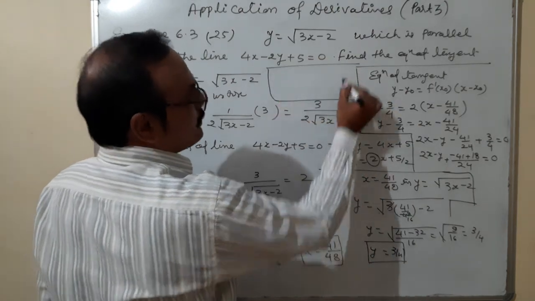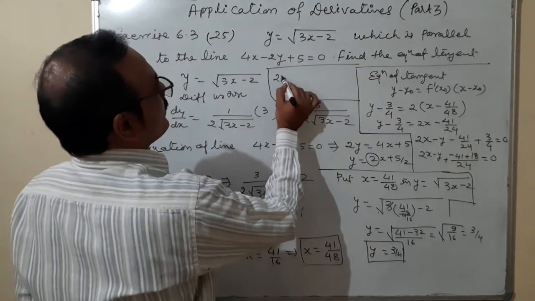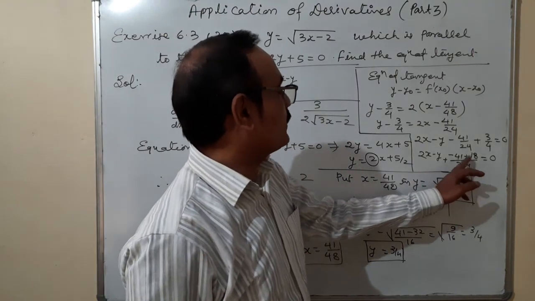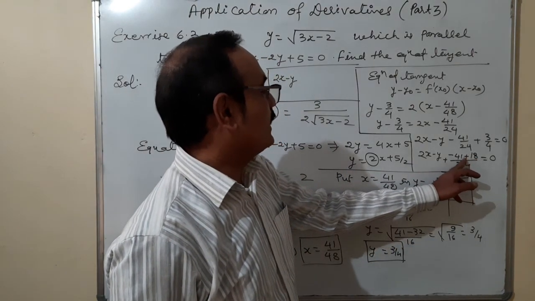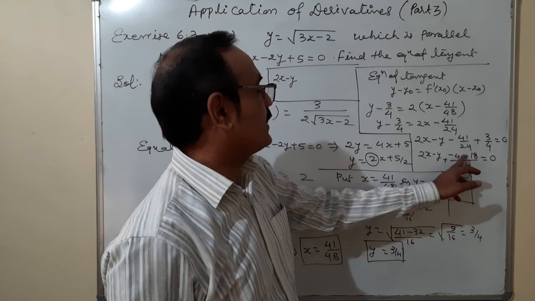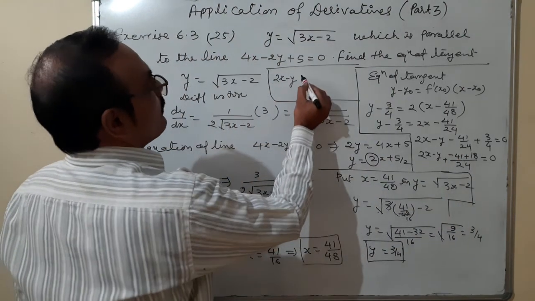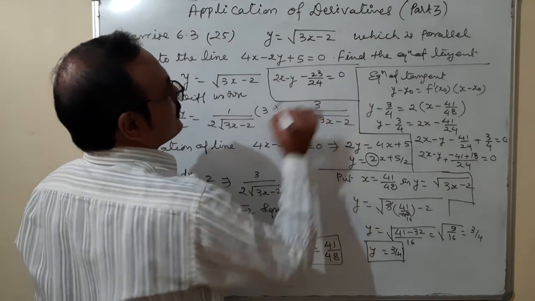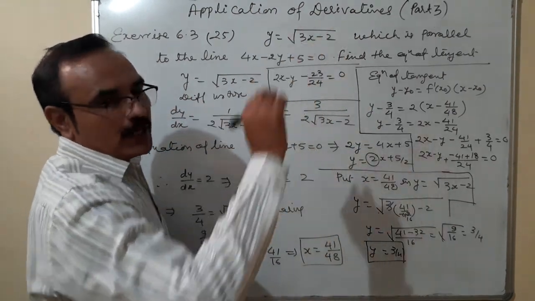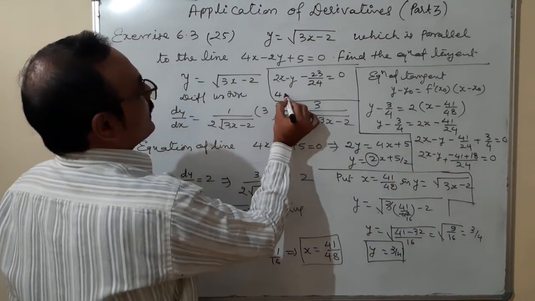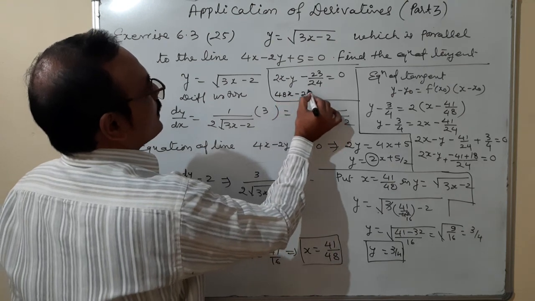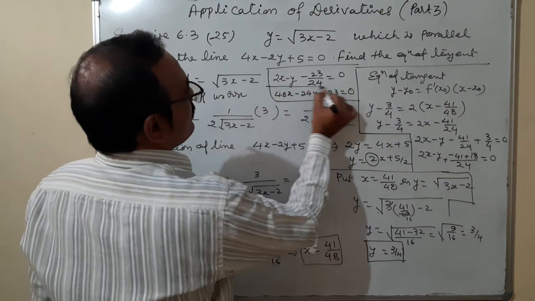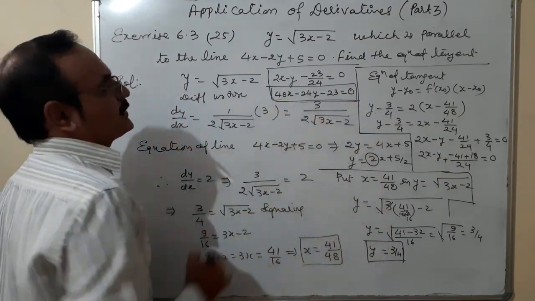Here is 2x minus y, and that is minus 41 plus 18, which is minus 23 upon 24, is equal to 0. Multiplied by 24, 48x minus 24y minus 23 is equal to 0 will be the equation of tangent.